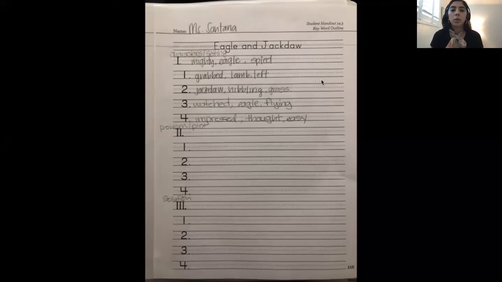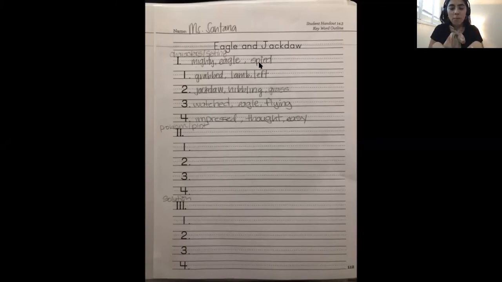Okay, so for the first one, character and setting. Well, how about we put mighty eagle and spied? Because I'm sure the eagle was spying on the sheep before it took it away, right? So that's the character, number 1. So we talked about the eagle. Then what did the eagle do? It grabbed the lamb and it left. So we'll put grab, lamb, and left.